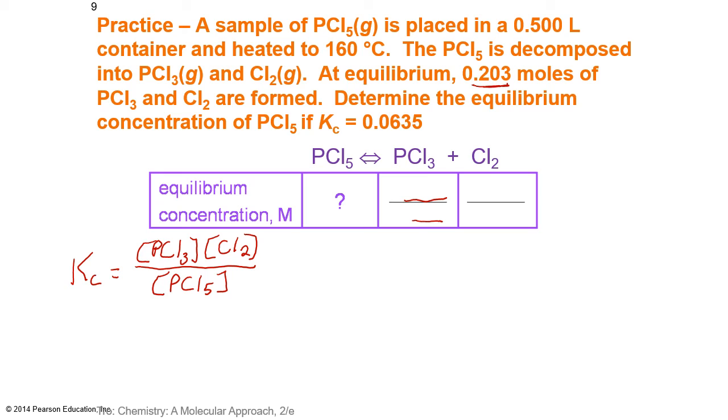Once we have that information, we can plug it into our equation, but let's first rearrange it. So PCl5 is what we're trying to find. Let's get that isolated by multiplying both sides by PCl5 and then dividing by our equilibrium constant.